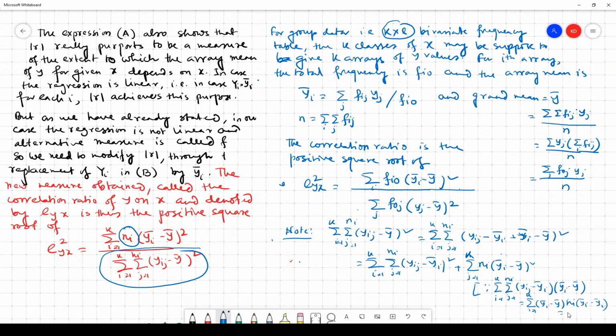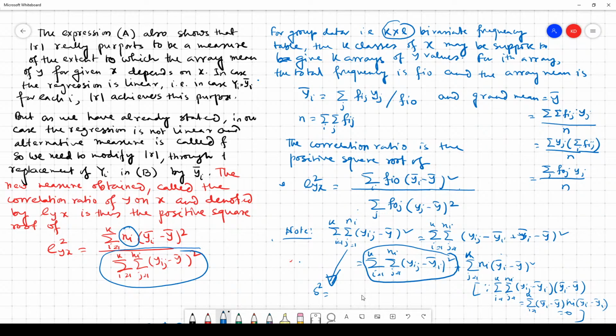So the cross product term vanishes. And this is equal to s square, the total variation, and this part is the within variation.